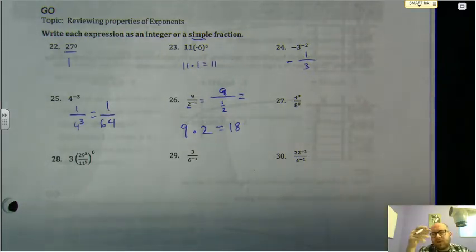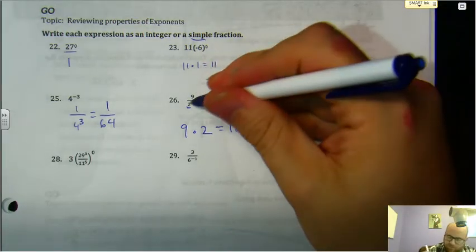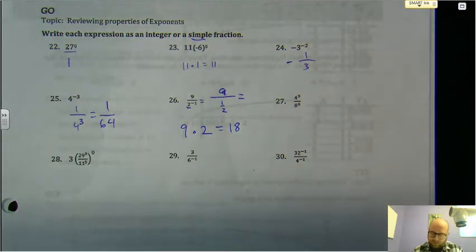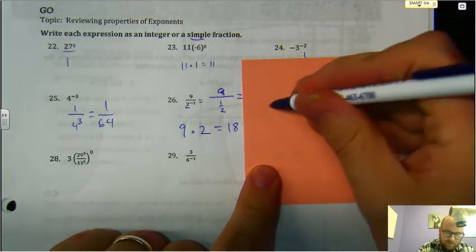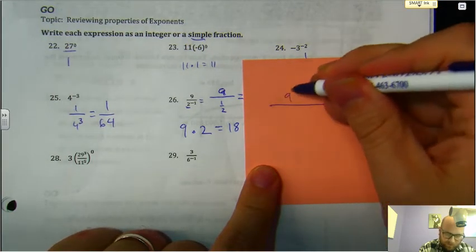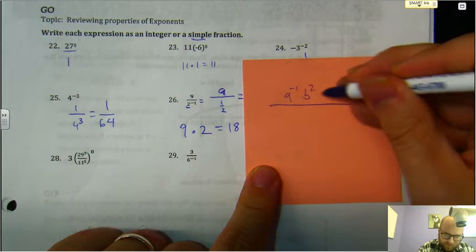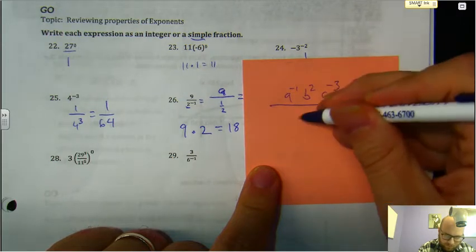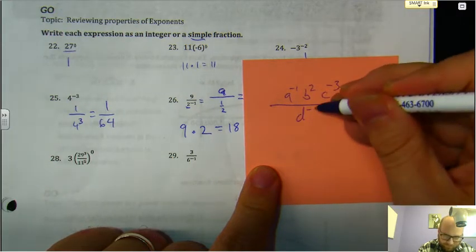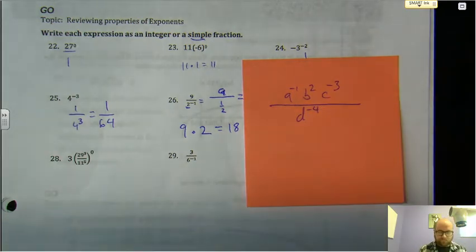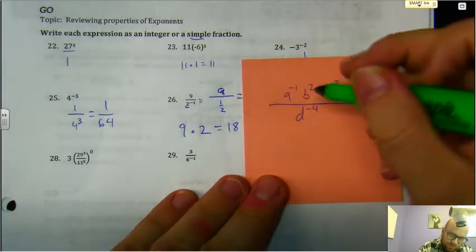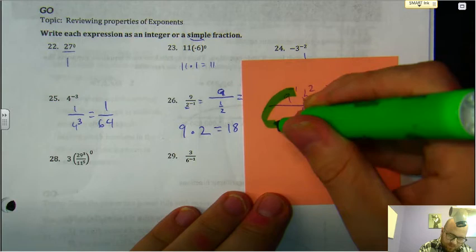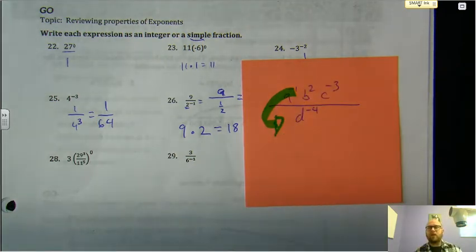So that's one way of doing these. But a rule that I think of is whenever we're looking at a fraction and we have anything raised to a negative power. So if I had a to the negative 1, b squared, c to the negative 3, all over d to the negative whatever, 4, doesn't matter. When I think of the whole fraction, what the negative is telling me to do is take whatever that is and move it to the other side of the fraction.